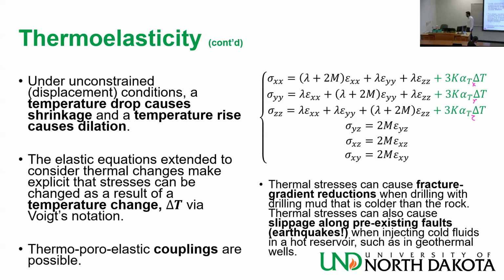We call it the critically stressed faulting criteria hypothesis. Sorry, we're going to talk about it in the next module, of course, but thermal effects can impact whether these pre-existing faults will slip or not.